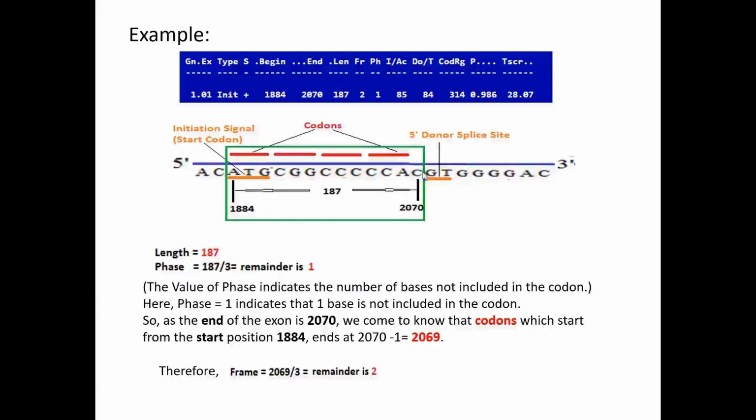As one nucleotide is left over here, we can now know that the codon ends at 2069, one nucleotide before. So now frame refers to this 2069 divided by 3. The remainder is 2. So this mod value is given over here.